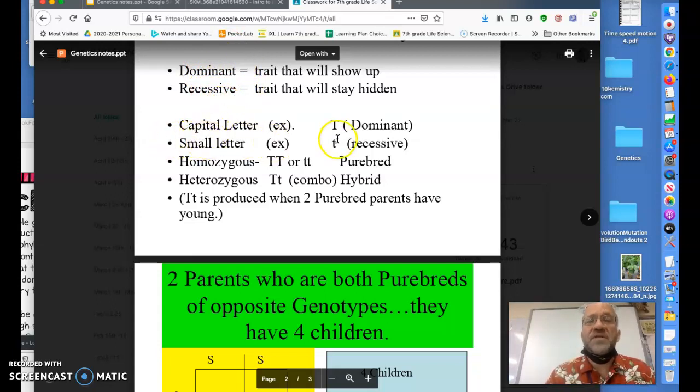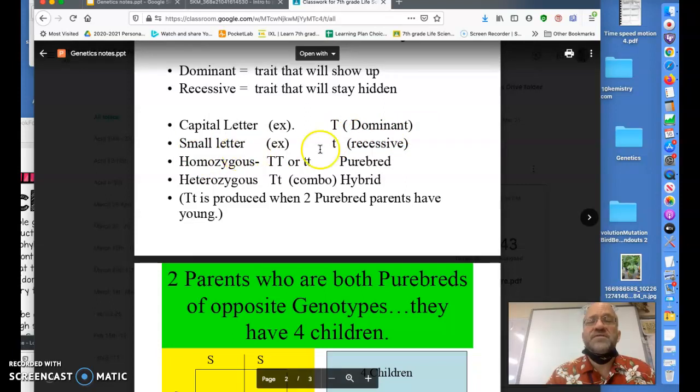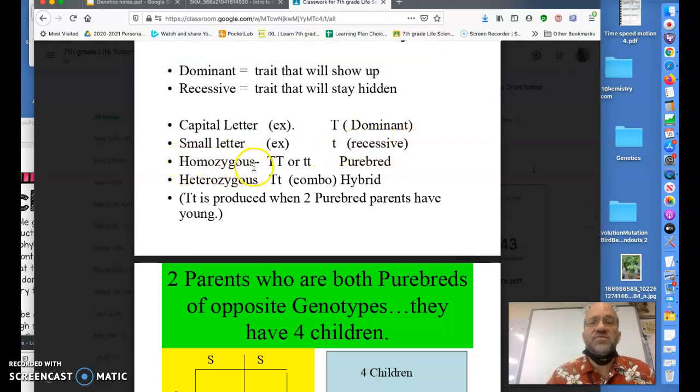So here, a capital letter is expressed with a capital dominant allele. Small letters are the recessive. Homozygous is a term used if the parent has two dominant or two recessive alleles for a certain trait, whatever it could be.